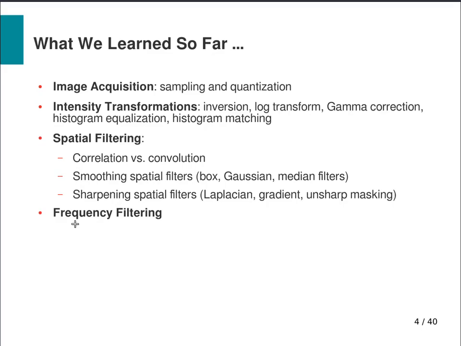Then we saw some smoothing spatial filters, more specifically box filter, Gaussian filter, and median filters. Then we saw some sharpening spatial filters, namely Laplacian, gradient, and unsharp masking.